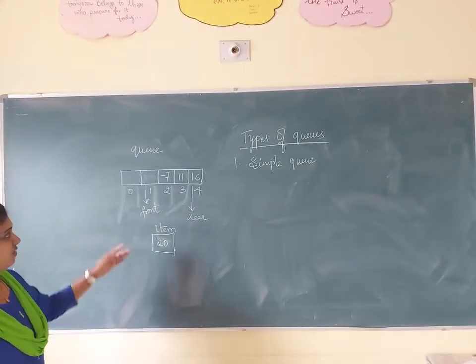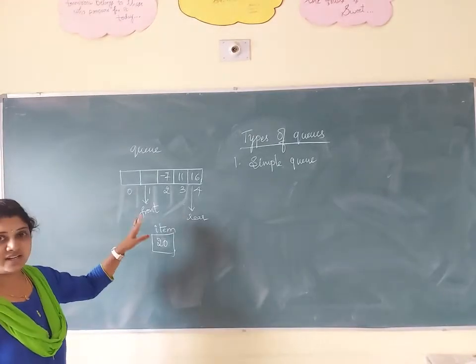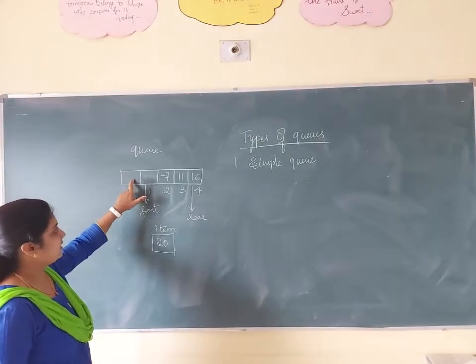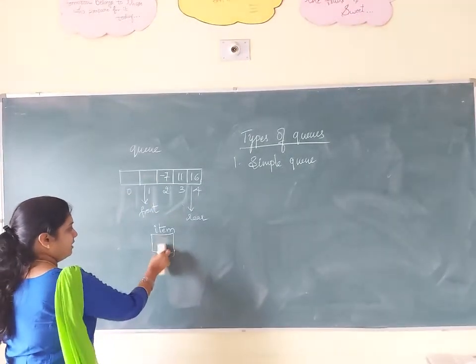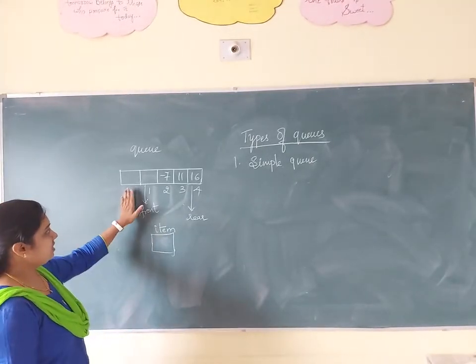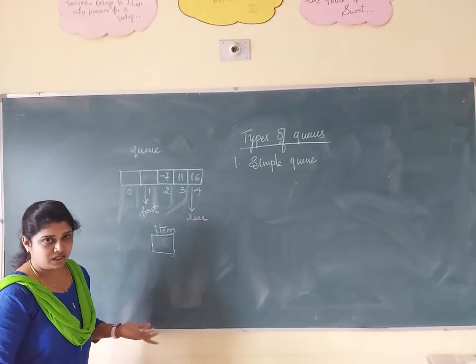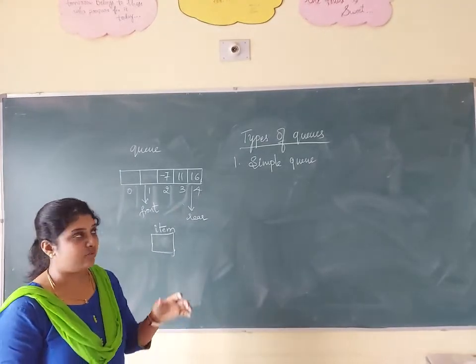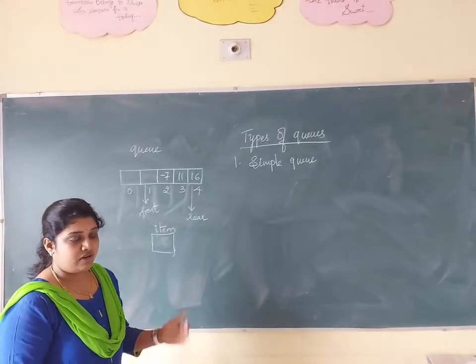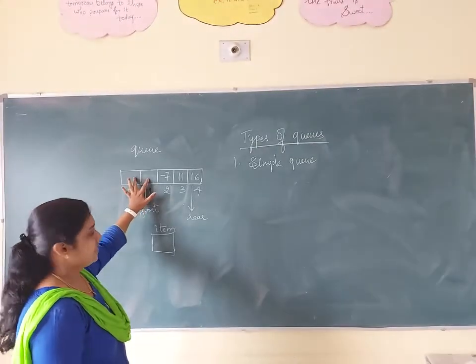Here we have deleted two data items from the queue, 10 and 20. So two spaces will be wasted, or if you didn't store anything, some garbage value will come and be stored in these places.